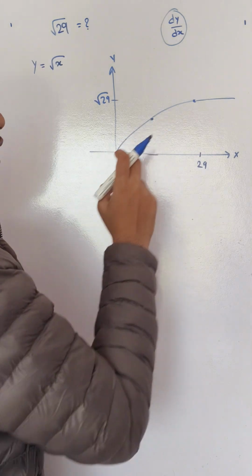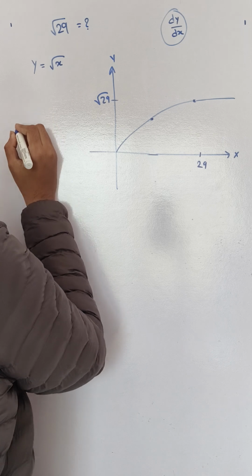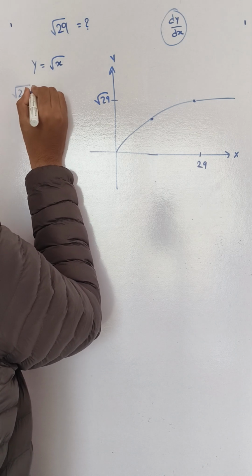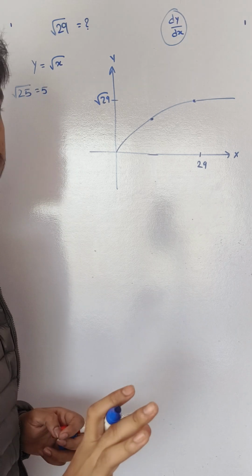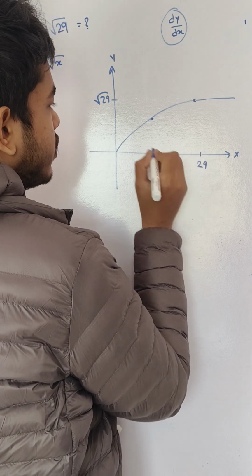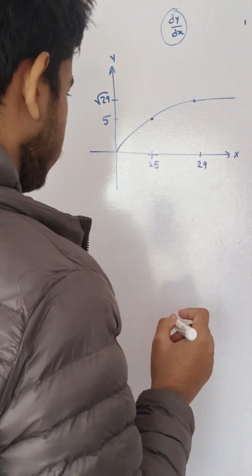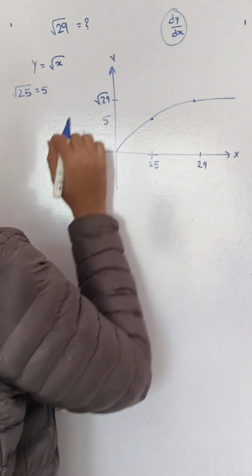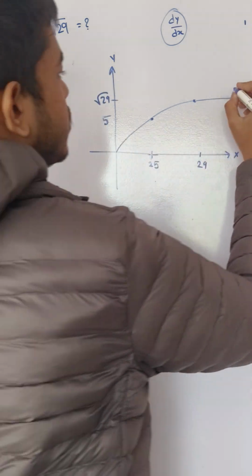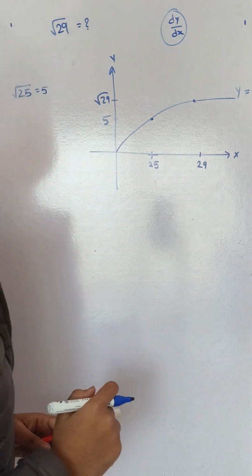So we will have to take a lesser value. I am taking root over 25, which equals 5. So this is root 25 is 5. This is x, this is y. This is y equals root over x.